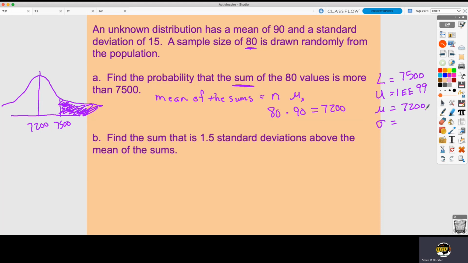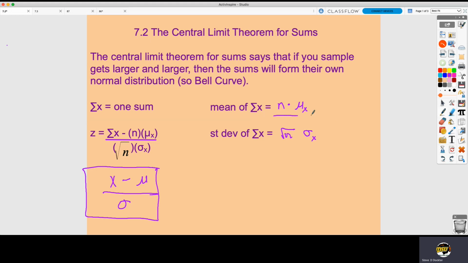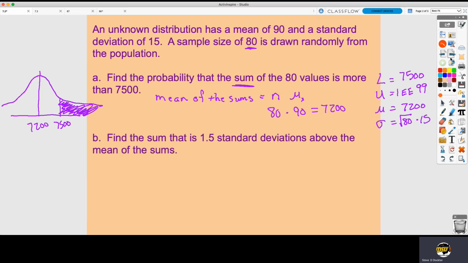What's our standard deviation going to be for this situation? Not just 15. What else do we have to do? Square root of 80 times 15. Remember, for both the mean of the sums and the standard deviation of the sums, we're using these two equations that we just talked about. You type that in and you should get an answer for me. What do you get?